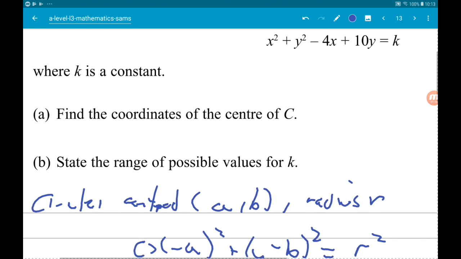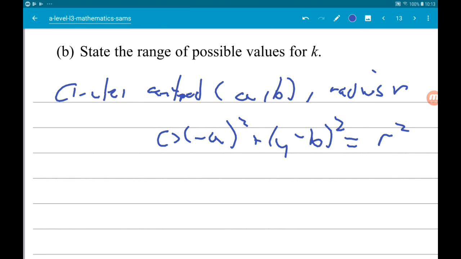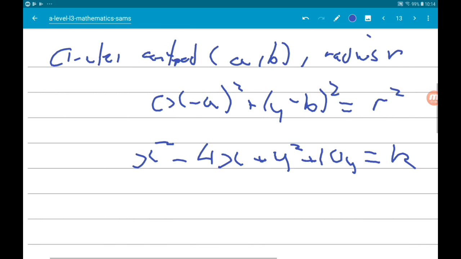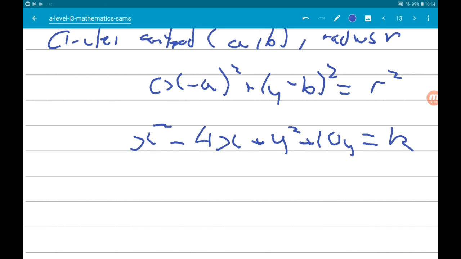So let's rewrite it first of all as x squared minus 4x add y squared add 10y is equal to k. Now we need to complete the square twice, once for the x, once for the y.